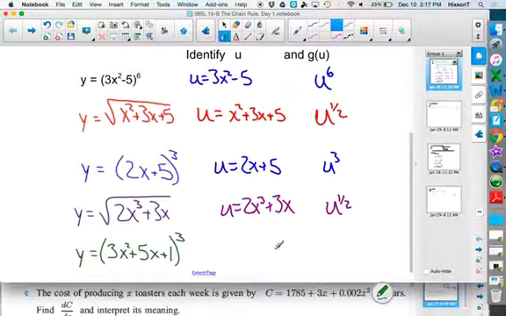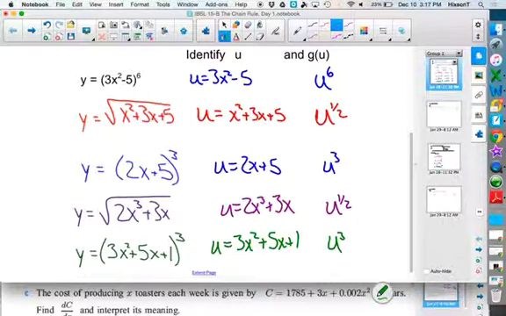So now we have this one. Someone new, what's our inner function? 3x squared plus 5x plus 1. And the outer function, u to the third. Okay? Now, why are we doing so many of these? It's very repetitive. They're going to get more complicated.